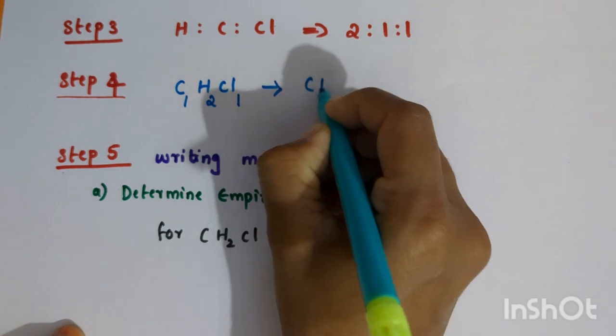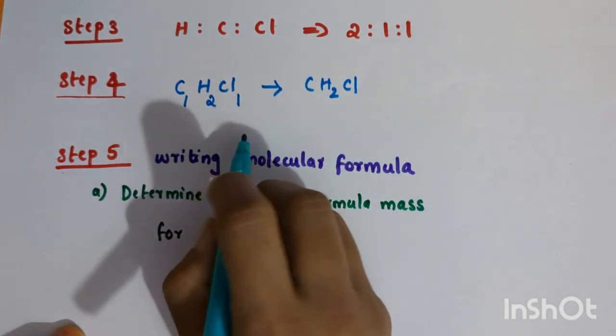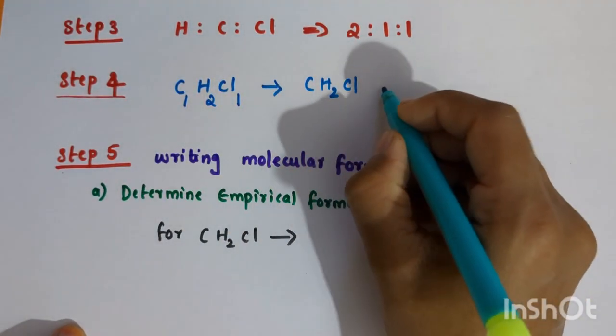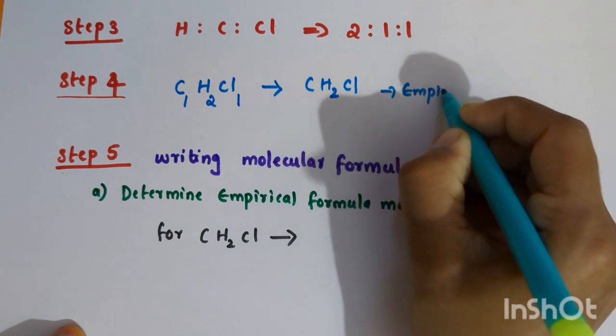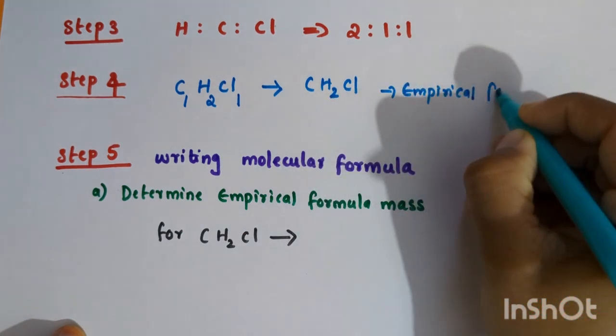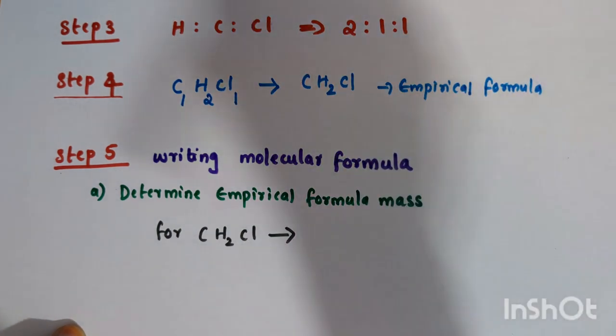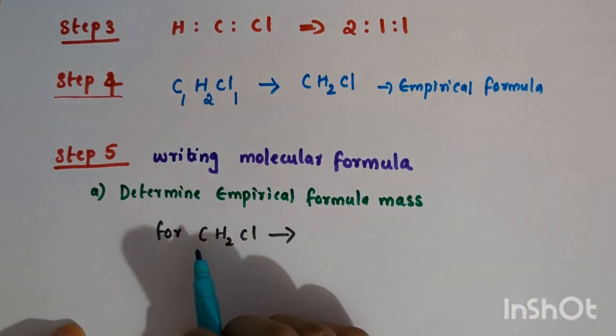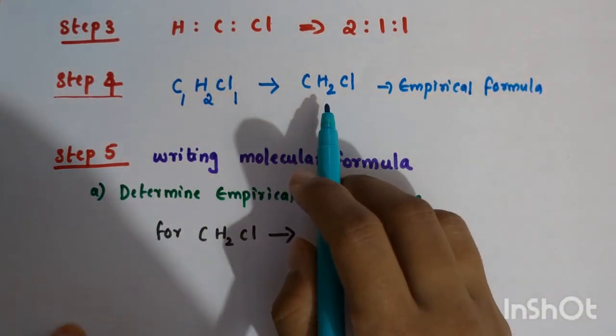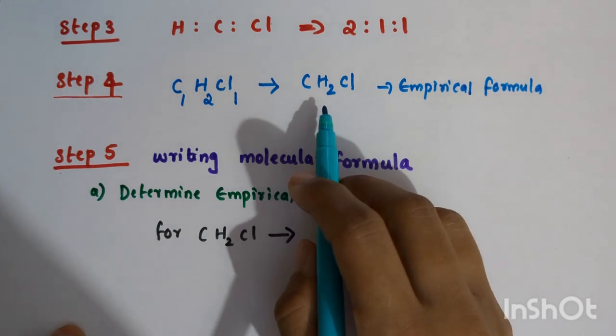That is CH2Cl. So CH2Cl is actually the empirical formula of the compound. That is the simplest formula of the compound.